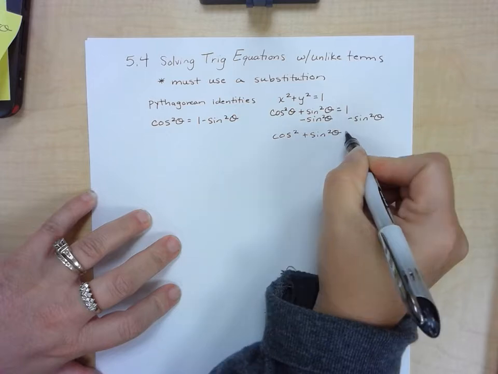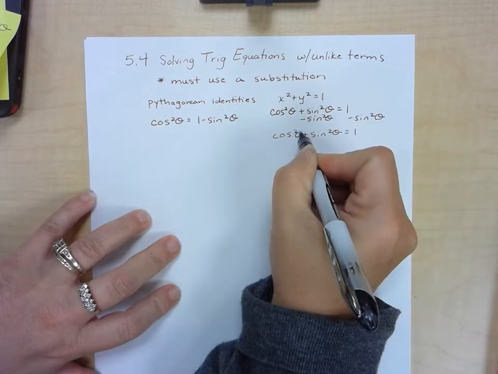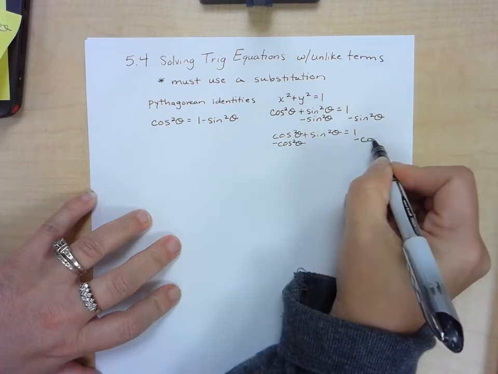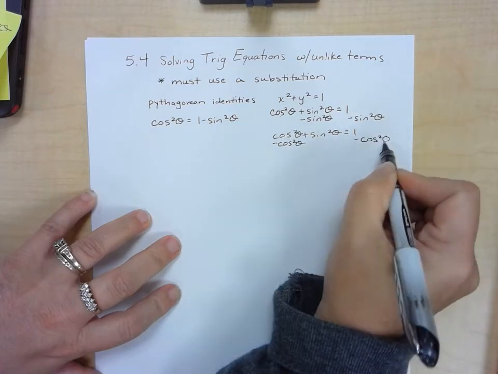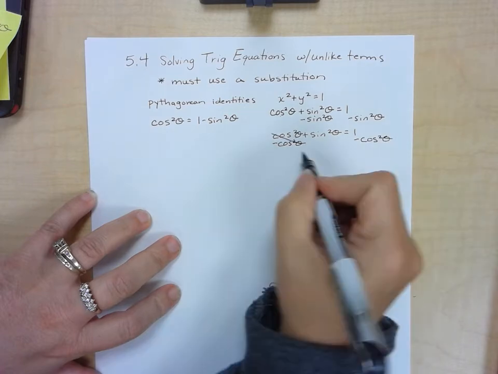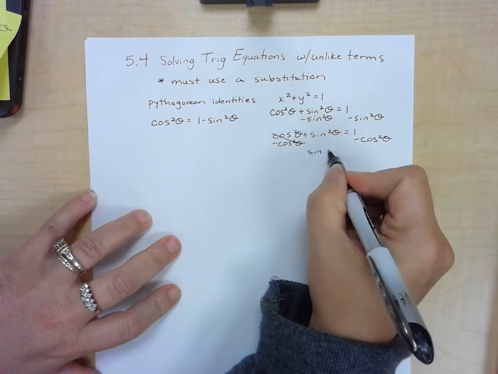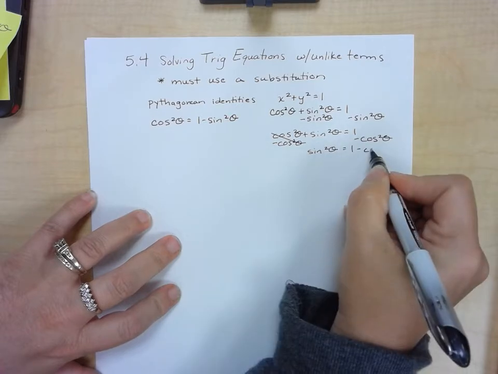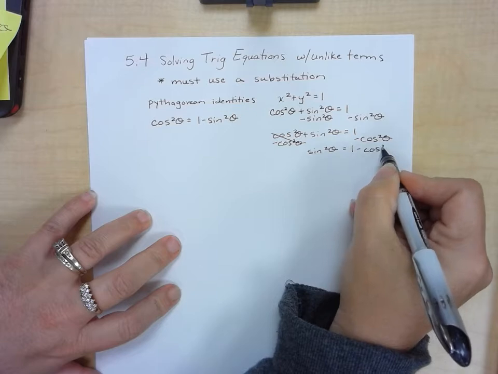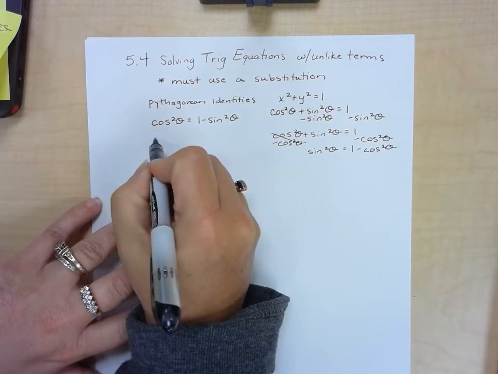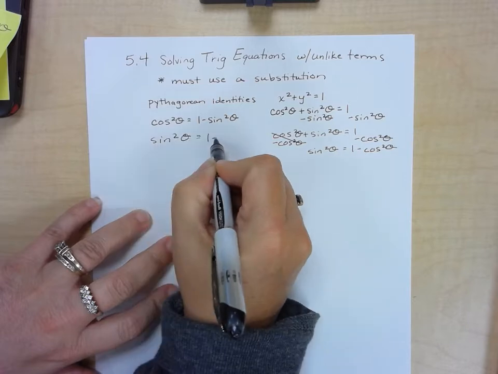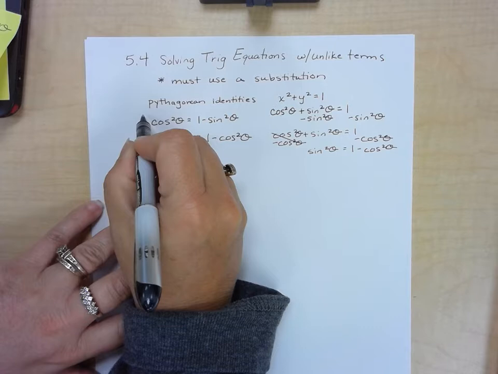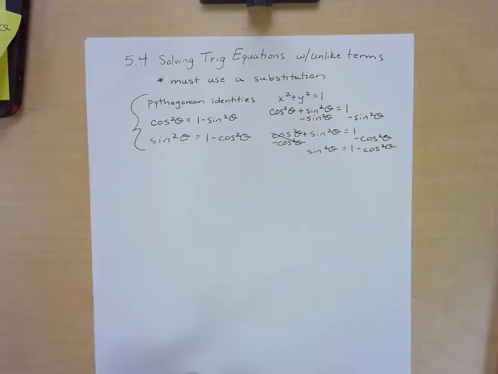That is, subtract cosine squared theta from both sides. And so I'm left with sine squared theta equals 1 minus cosine squared theta. So those are the two Pythagorean identities that you will use for substitution.